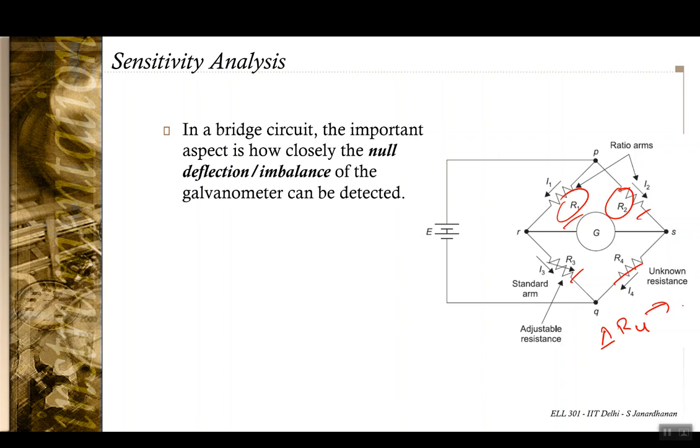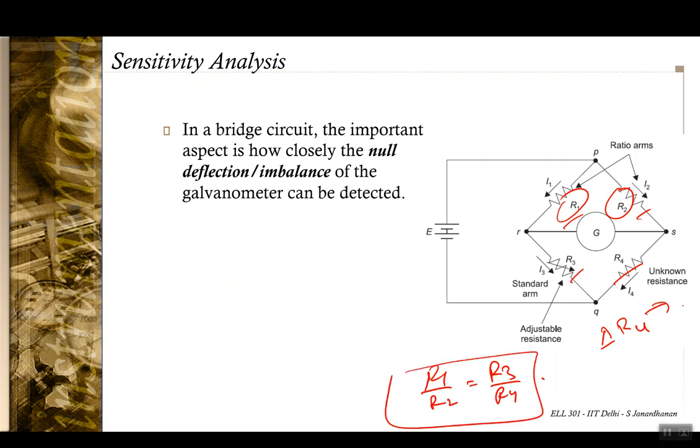In the bridge circuit, the important aspect is how close to the null value I can find a detection, how closely the null deflection or an imbalance can be detected. We want to get to the point where R1 by R2 is R3 by R4. However, how do we know that this point is achieved?